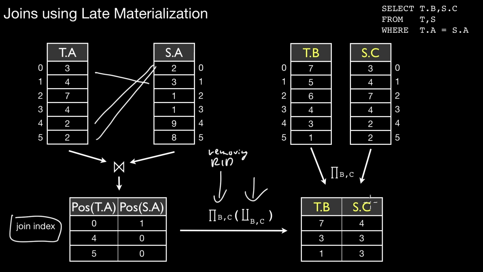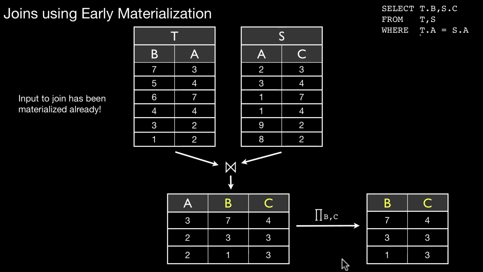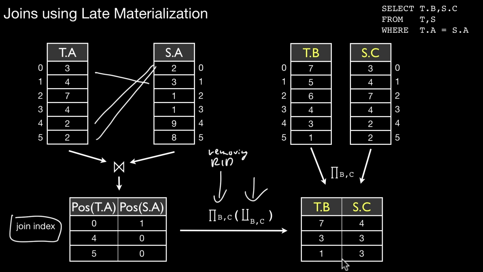So in the end, we end up with this result, which is the same result as shown above in early materialization. So you see, this is an interesting technique. Late materialization is an important technique in that it may make a difference, especially in the column store. You may also use it for row stores in some situations, but especially in column stores, which are usually used in main memory database systems, they make a huge difference.